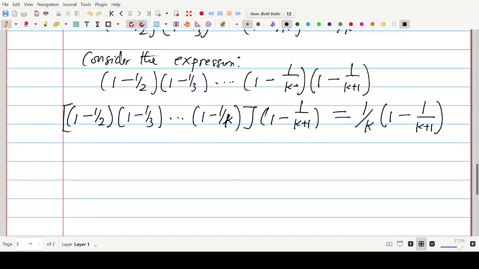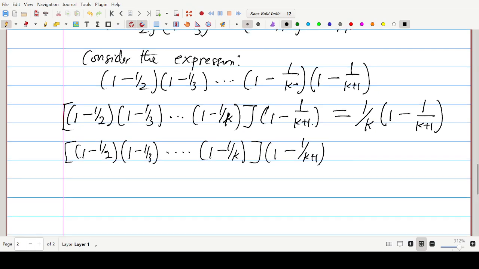So on doing so, we have the result as (1 minus 1 over 2) multiply (1 minus 1 over 3) until it gets to (1 minus 1 over k), then we have (1 minus 1 over k plus 1). Now, simplifying the right-hand side, we have 1 over k multiplied by (k plus 1 minus 1) over (k plus 1).